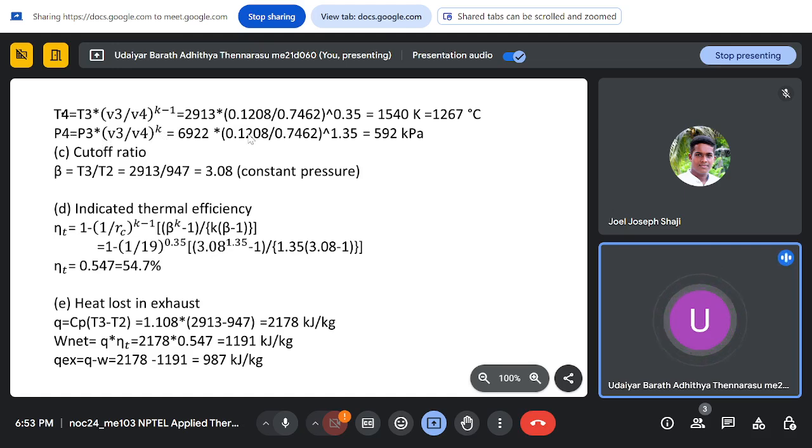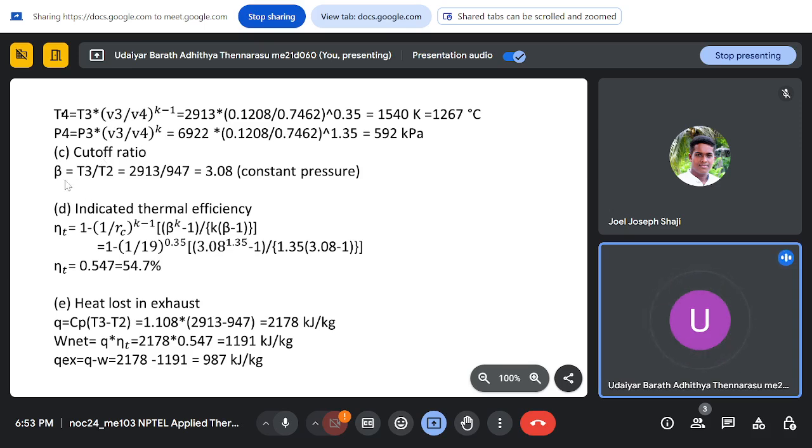So substituting the values here will come out to be 592 kilopascal. So we have found out all the pressures and temperatures here.